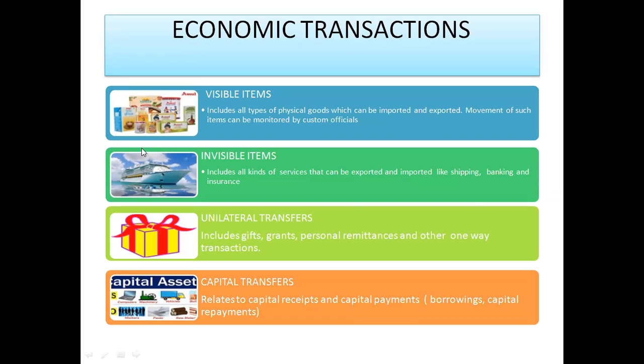That also comes under economic transactions. And the fourth thing recorded in BOP is capital transfers, for example capital goods or capital assets and liabilities being exchanged among the countries. That is also included in BOP as economic transactions.